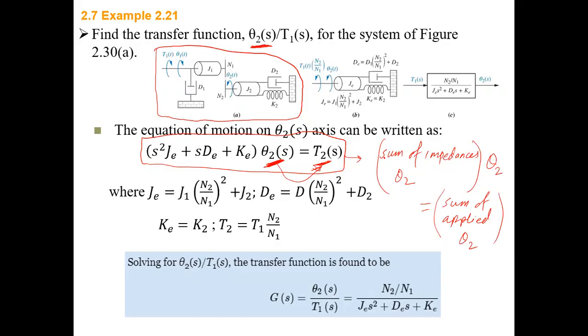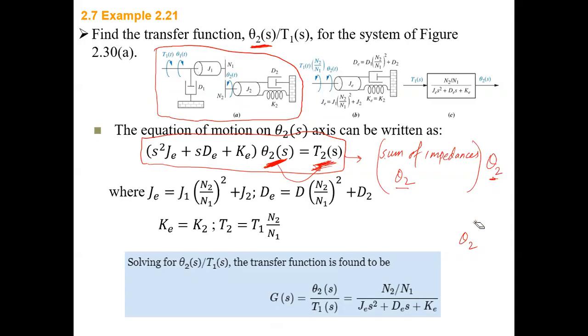Okay, sum of impedances connected to the motion at theta 2, then sum of applied torque at theta 2. So theta 2 is here, and this is T2, we have only one torque here, right? So at theta 2 we'll have only one torque eventually.